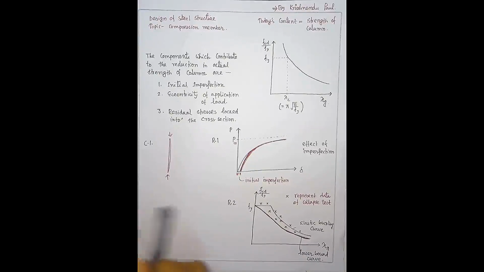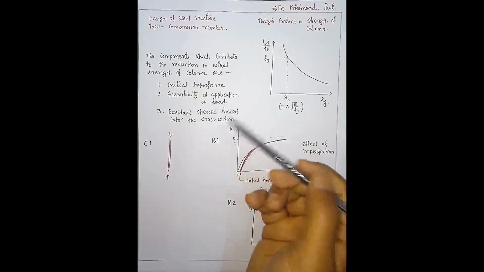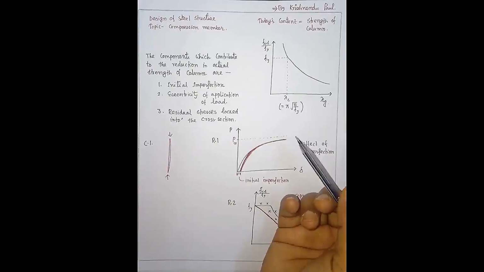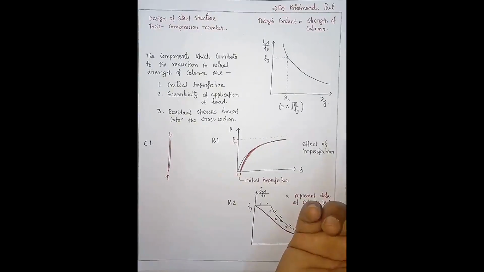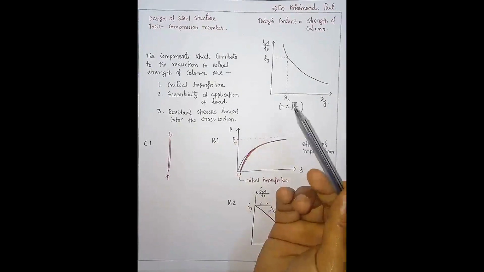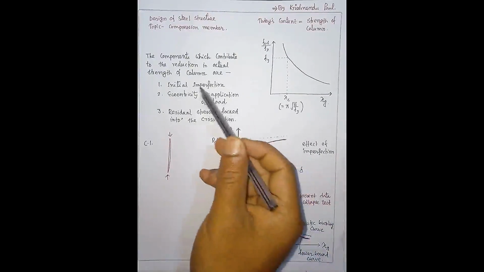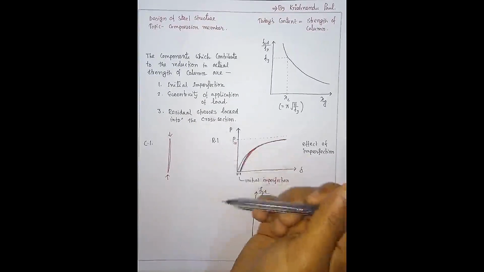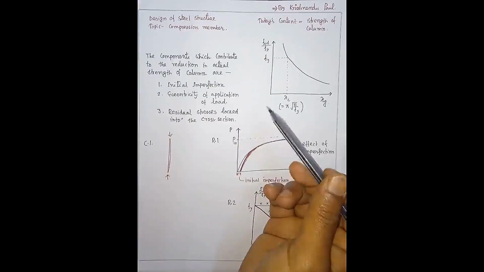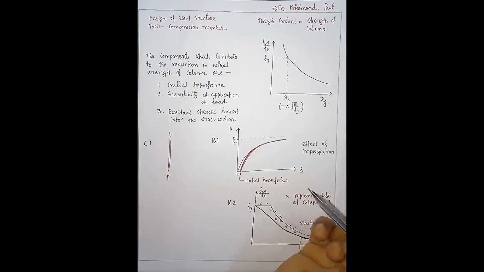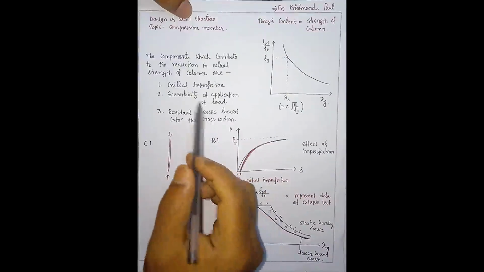So these conditions will affect the strength in our actual practice. Let us describe how these factors will reduce the strength of a column member in actual practice. So what do you mean by imperfections?